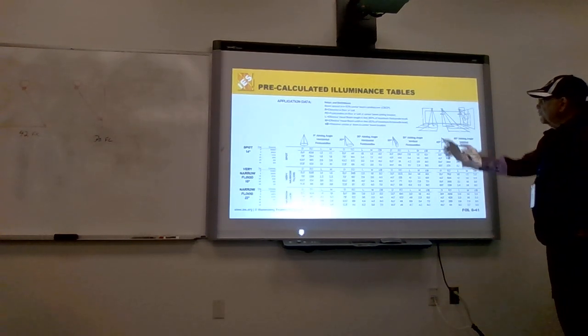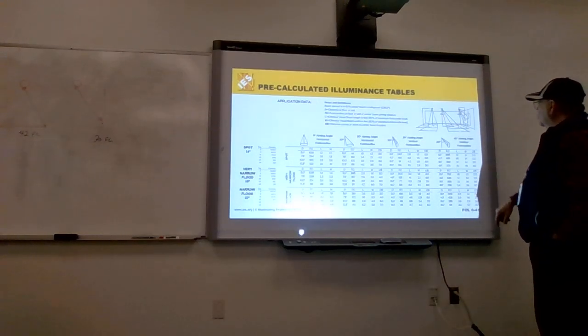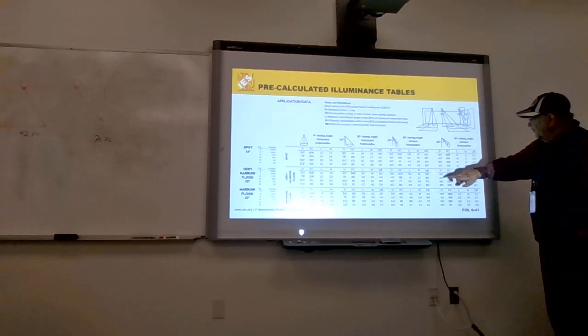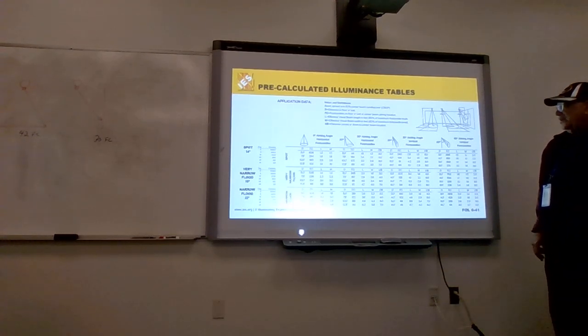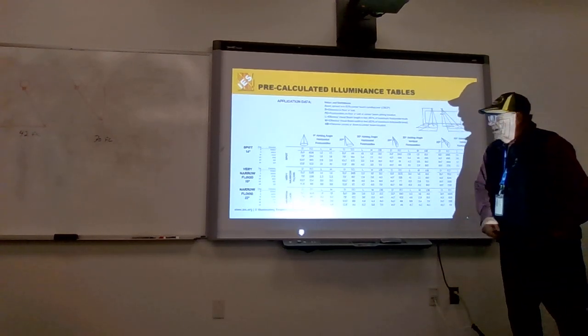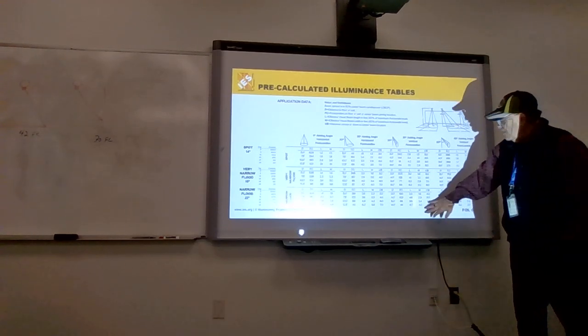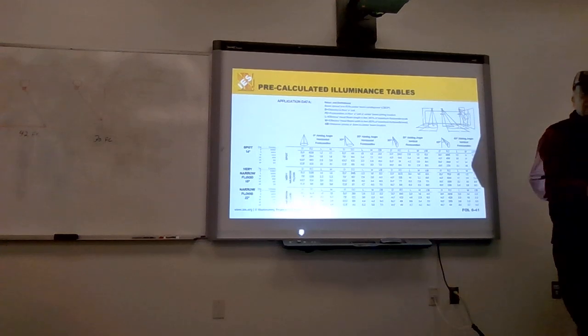And so if we're aiming at a 30-degree angle or aiming at a 60-degree angle, here are all the calculations. So 3 feet, 4 feet, 5 feet, okay? And here are the 3 different beam spreads, 14 degrees, 16 degrees, and 22 degrees, and you compare all of them.